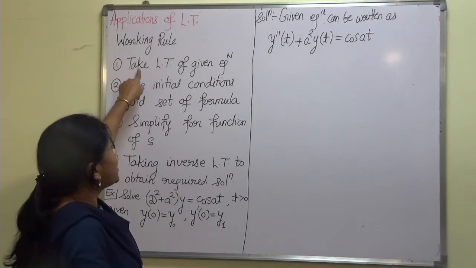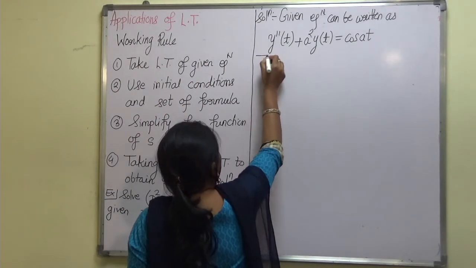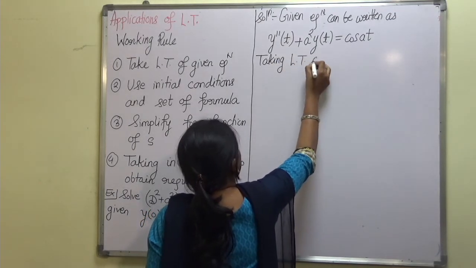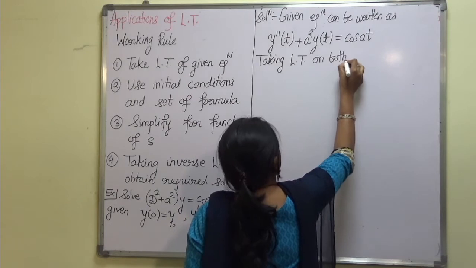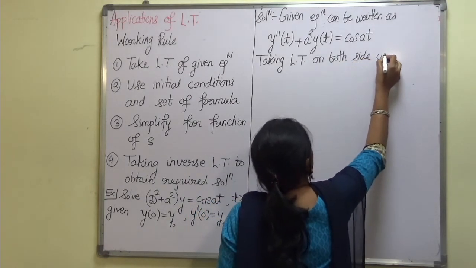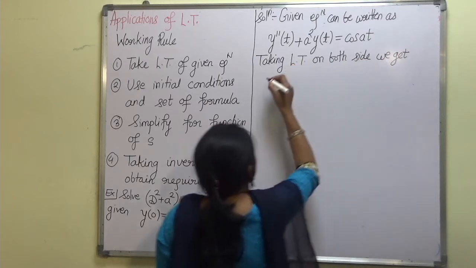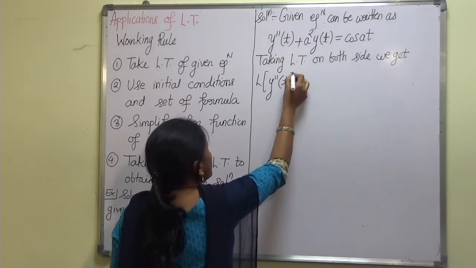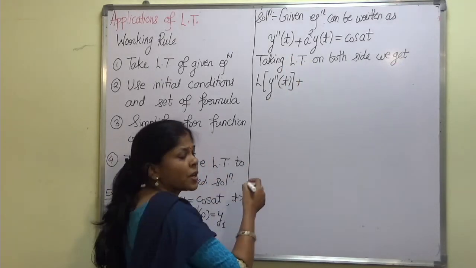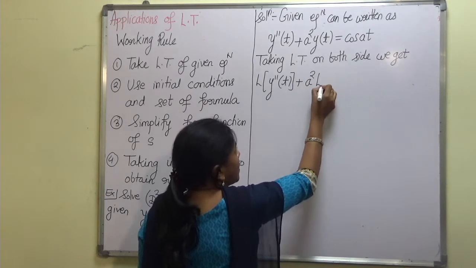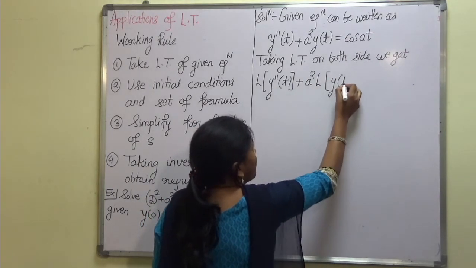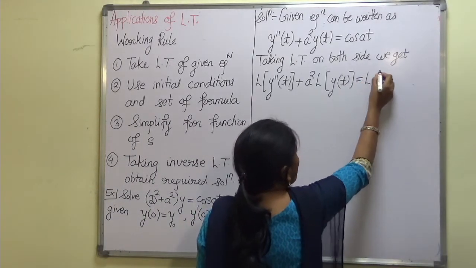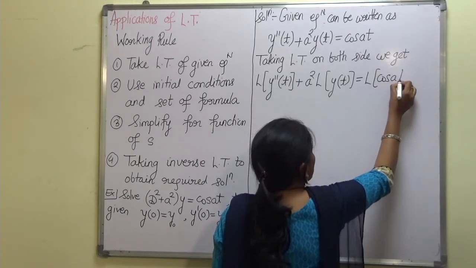So what is the first step? Take Laplace transform. Taking Laplace transform on both the sides, we get the Laplace of each term: Laplace of y double dash of t plus a square, which is constant here, so a square times Laplace of y of t, is equal to Laplace of cos at.